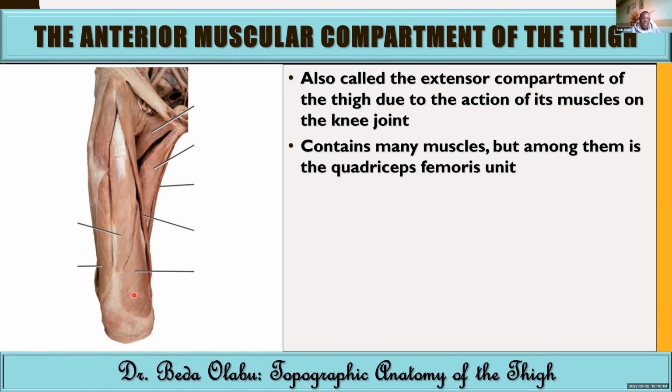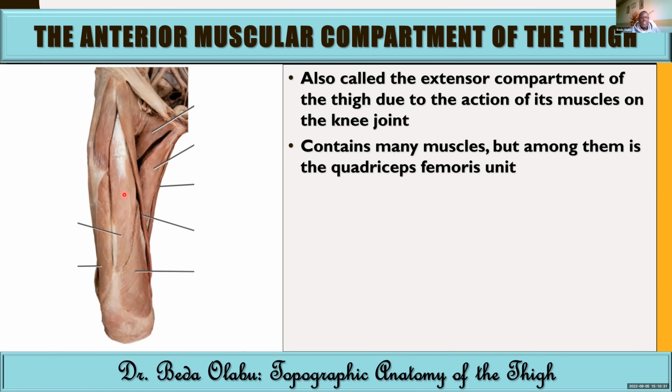Now, these are the 4 muscles which constitute the quadriceps femoris unit. This one here is called vastus medialis. Vastus means wide, and so it's a wide medial muscle. We have vastus lateralis here. We have this one, which we are calling rectus femoris. Deep to the rectus femoris is another muscle that we call vastus intermedius.